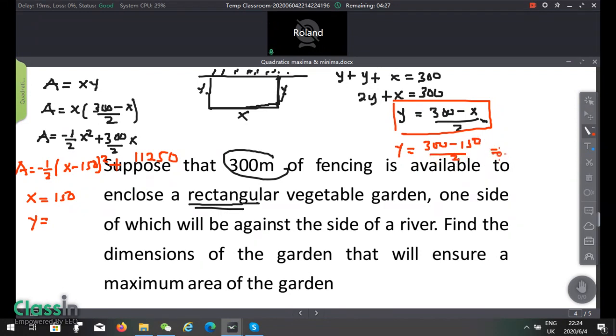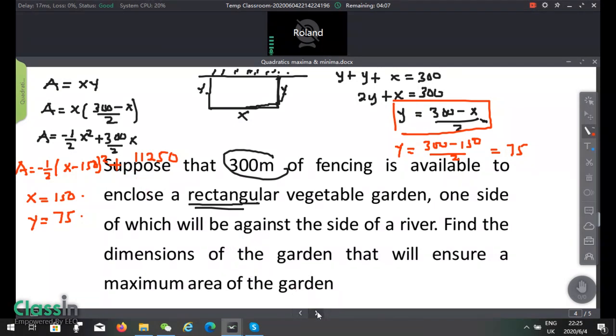And 300 minus 150 is 150, divided by 2, that is 75. So y will be 75. Of course, you can check and see if the area will be 11250 by multiplying x by y. So that is okay.